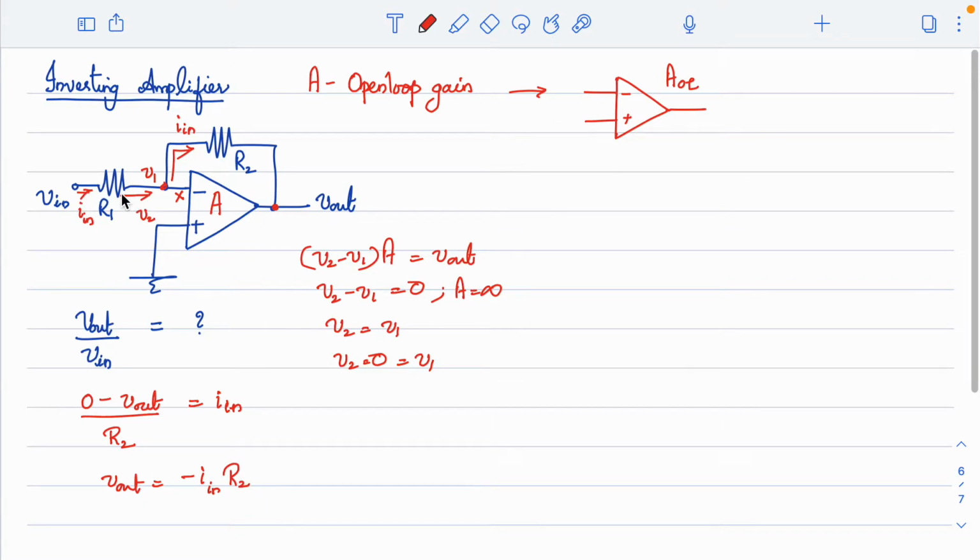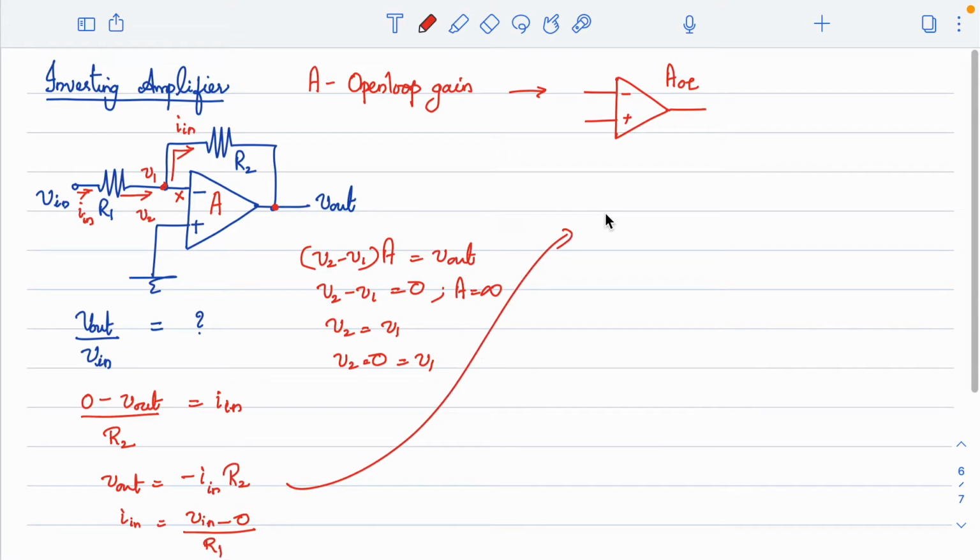Now, how can I write this current again in terms of input voltage? Since the requirement here is V out by V in, I can also write what this IN is. IN is this current flowing through this R1. So that can be written as V in minus this node voltage, which is again 0, divided by R1, right?